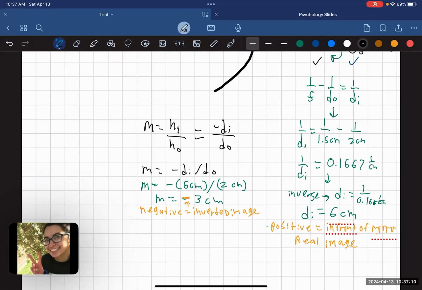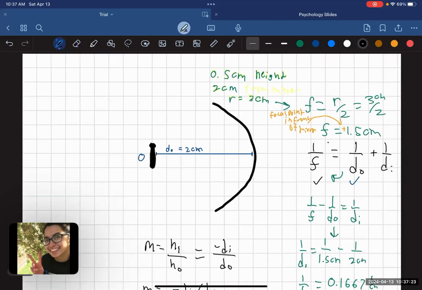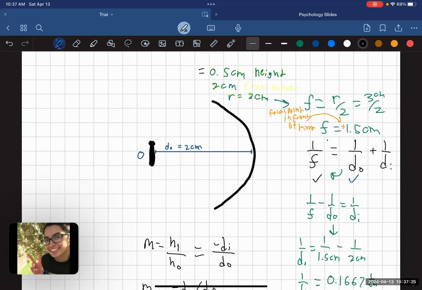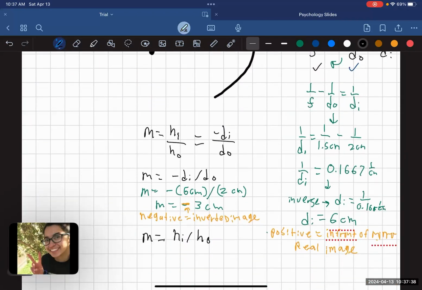Then we have our M is equal to HI over HO. We have our HO above. Should I remember it being 0.5? Yeah, so that's our HO. So this can become M times HO is equal to HI.